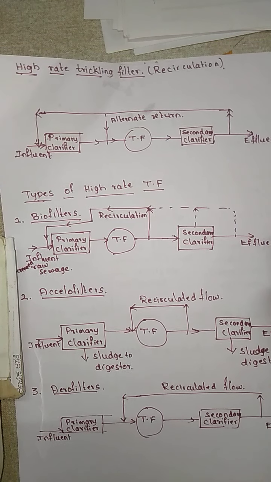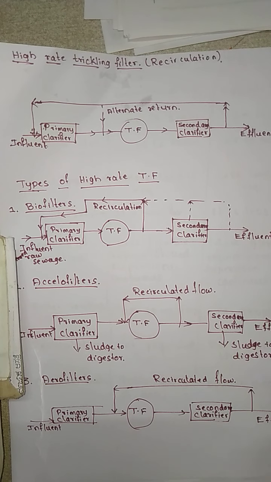Now, in the case of the high rate trickling filter, the main thing that is going to happen is recirculation. This recirculation is very important in the high rate trickling filter. In the normal trickling filter, the wastewater used to get filtered only once.